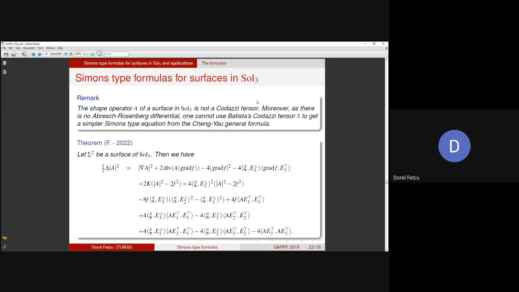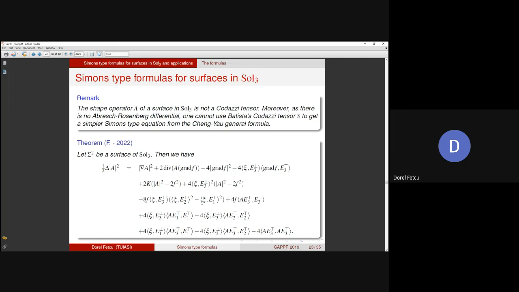Even though the computations are quite long, they are straightforward, and they lead to a quite complicated formula, which you can see here, for the Laplacian of the squared norm of A. This formula is complicated not only because it's quite long, but it also contains all the vector fields in the canonical frame.